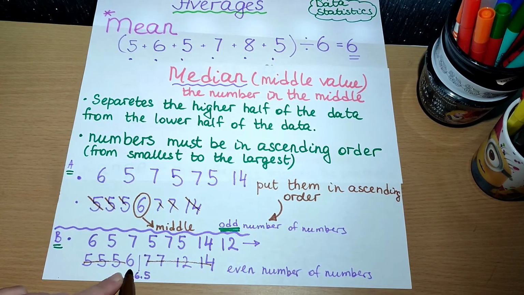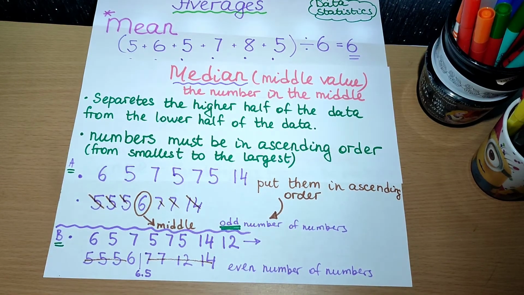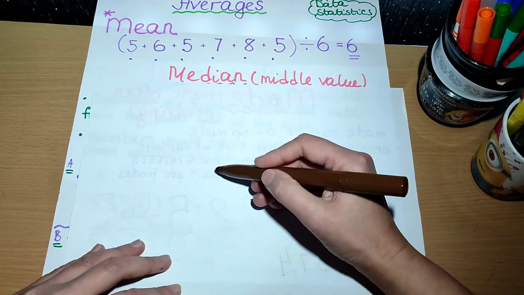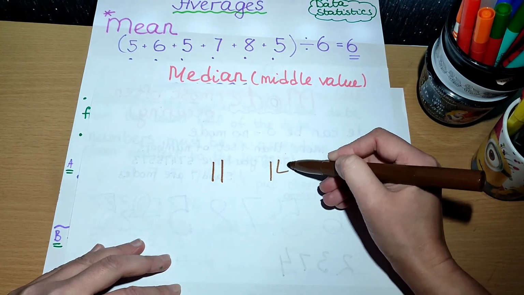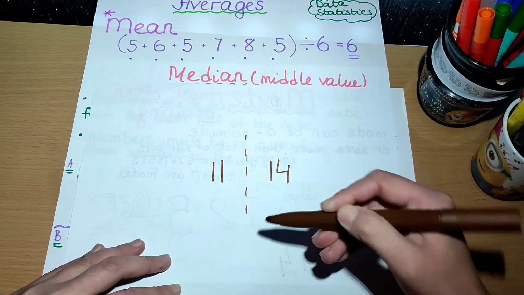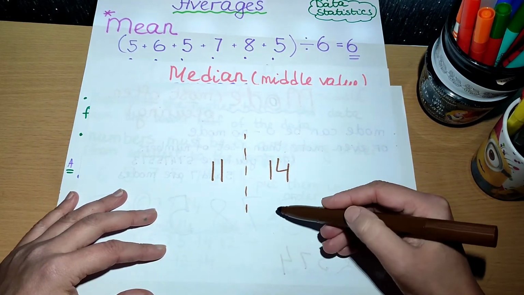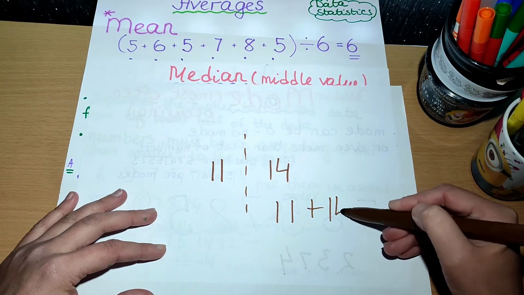It's not always that 2 consecutive numbers are together. Sometimes you might have, let me get a piece of paper quickly. Sometimes you might have, say for example, 11 and 14 in the middle. So how can you find the middle between them? What you do, you add them together. 11 add 14.